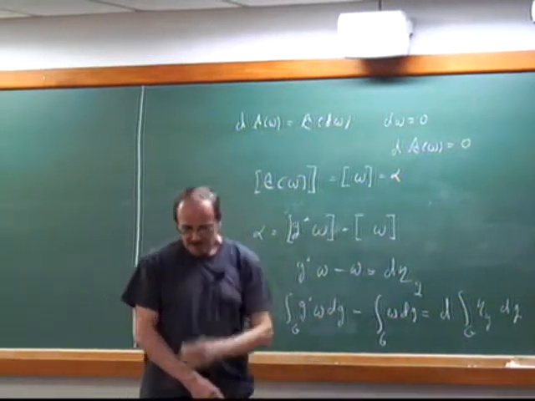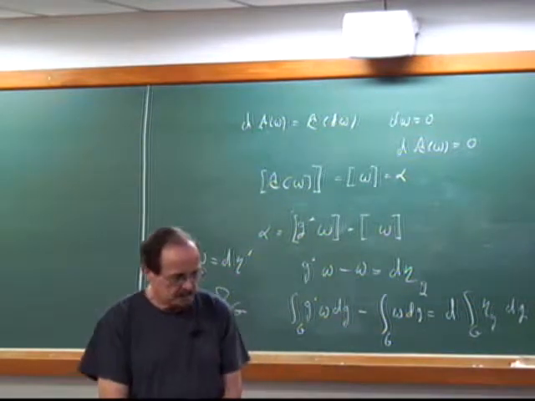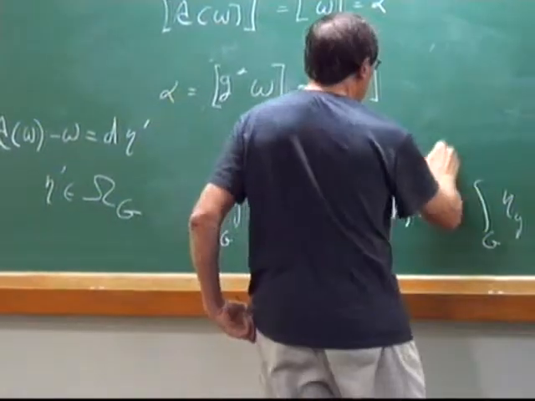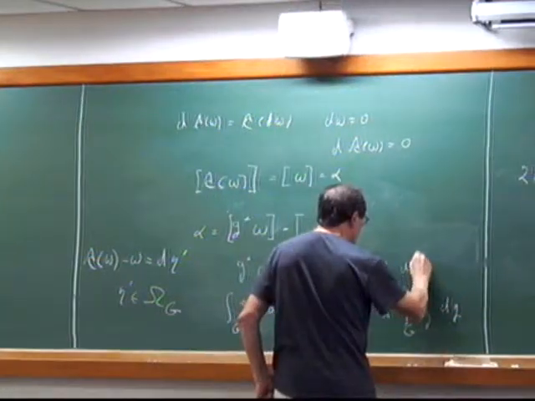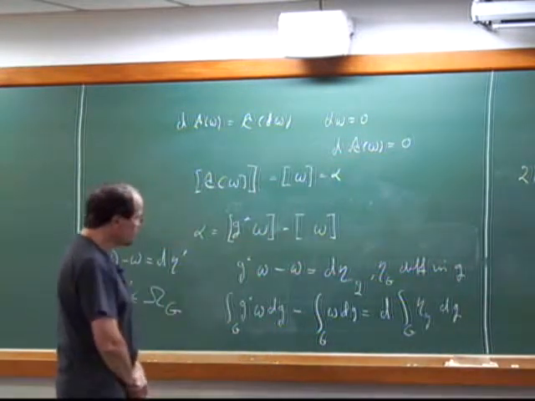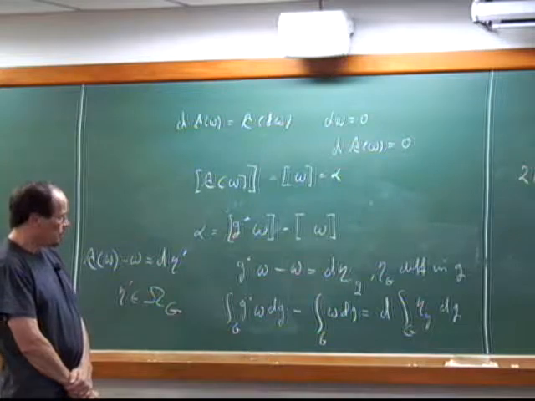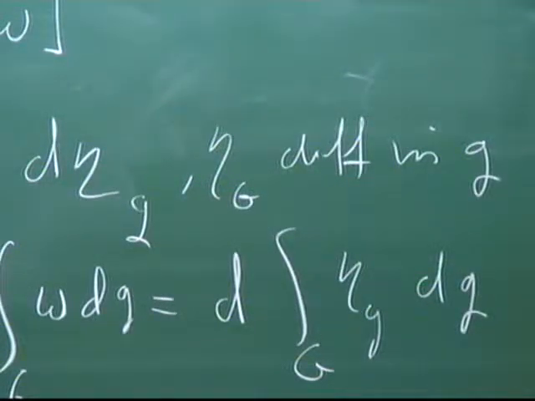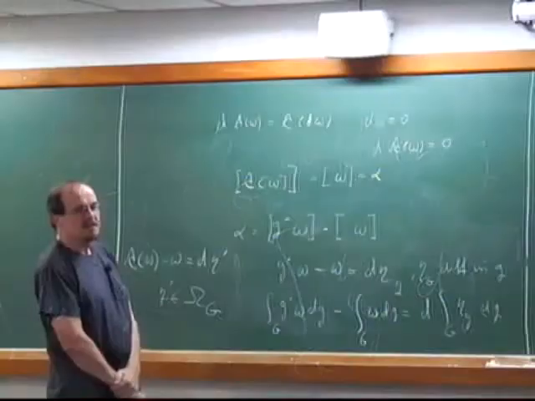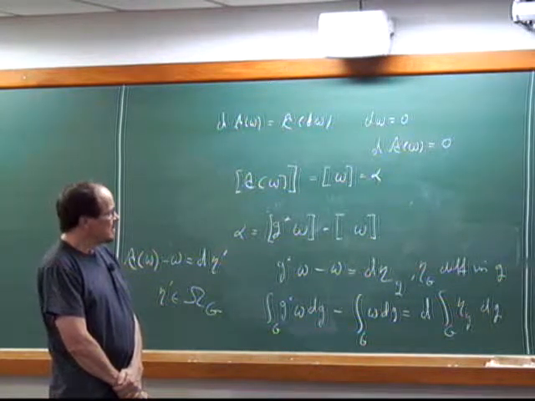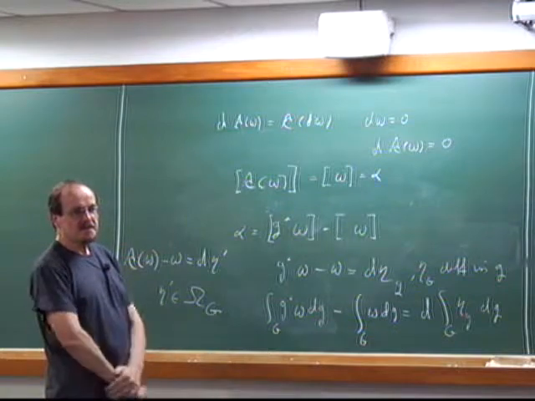How do you do that? I certainly have to do that. Are there some explicit ways you can do that? Two forms in the same de Rham cohomology class, you want to write the difference as d of something. I think there are some explicit integrals or something like that.